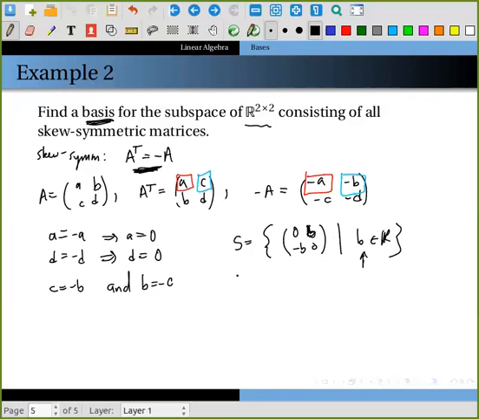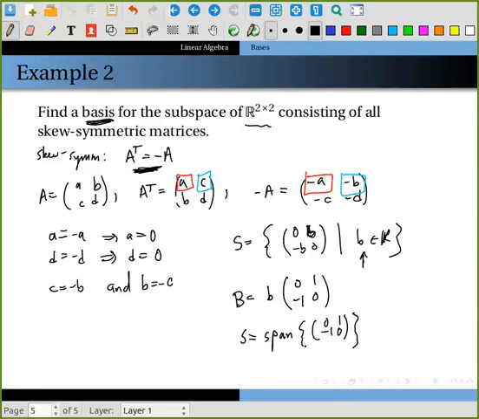Every matrix in this space S, so let's call this one capital B, every matrix in this space looks like some number B times the matrix 0, 1, negative 1, 0. And so we could write that this space S is equal to the span of this matrix, so it's equal to the span of all linear combinations of this one matrix.